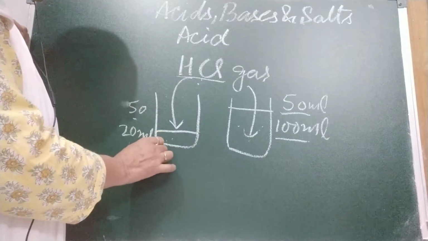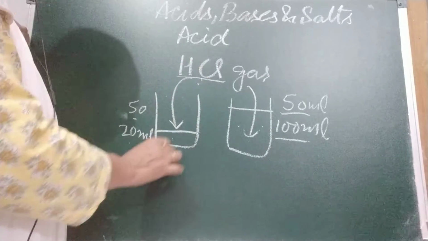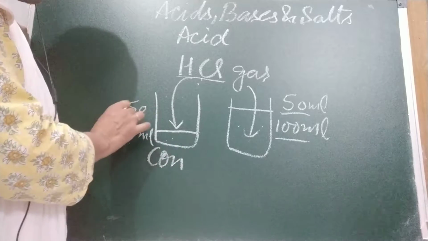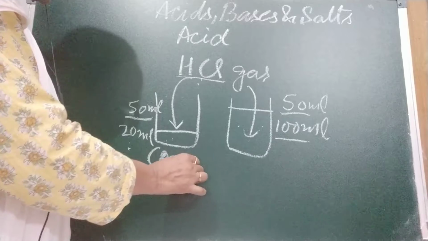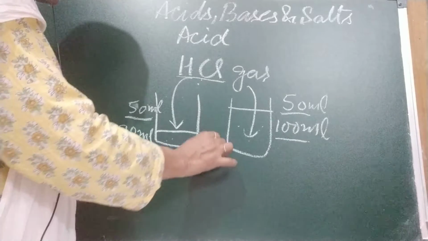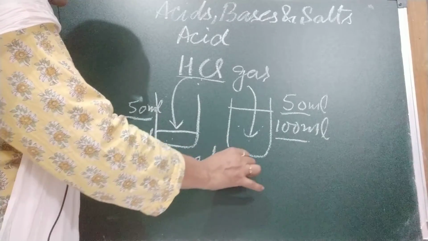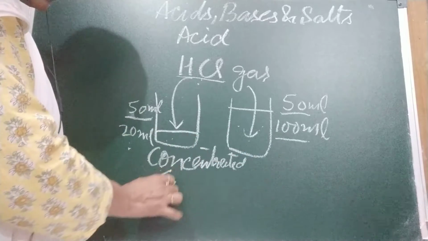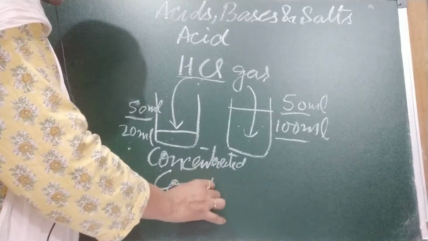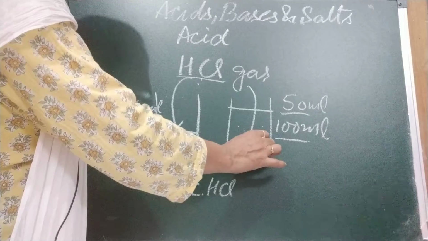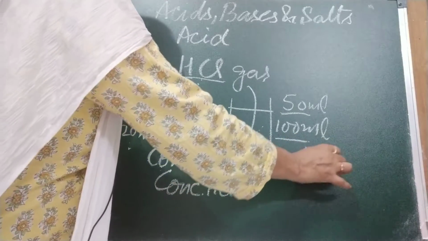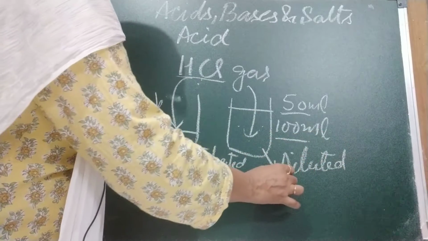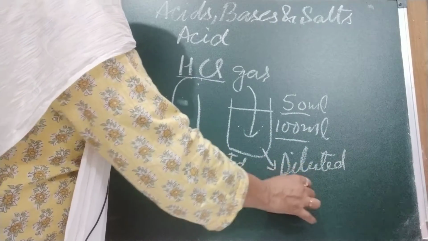This one has more molecules of HCl and less water, so this is concentrated. In short form, we write it like this: this is concentrated hydrochloric acid, and this is diluted. Why diluted? Because there are more water molecules.